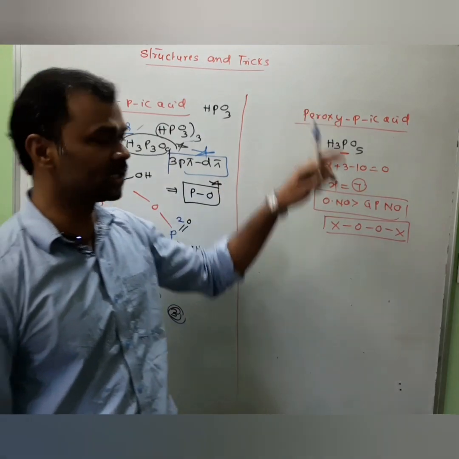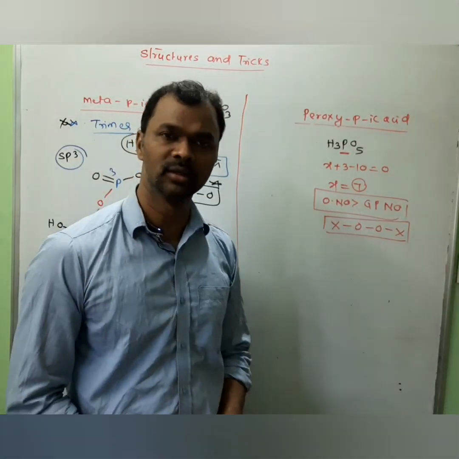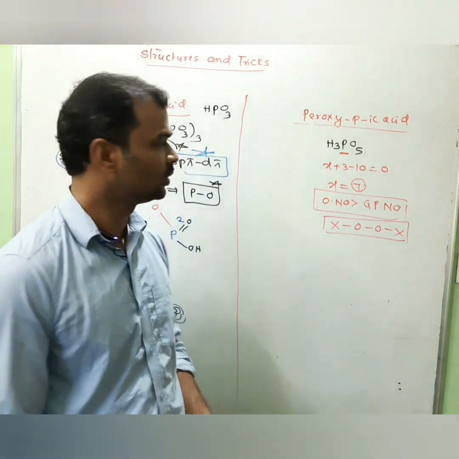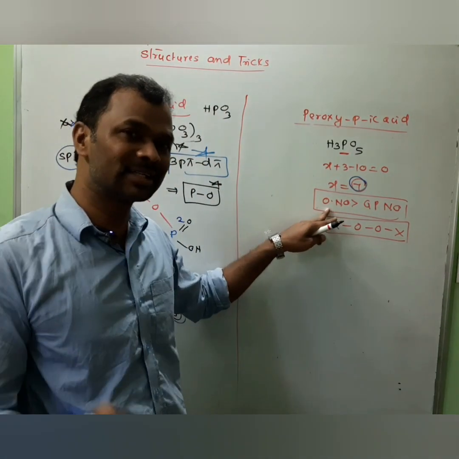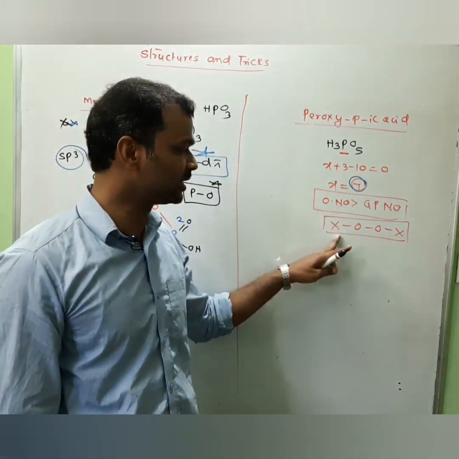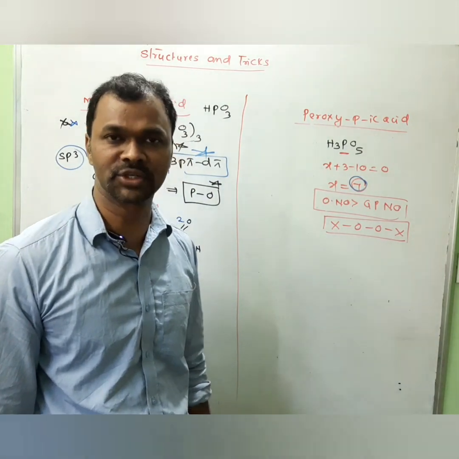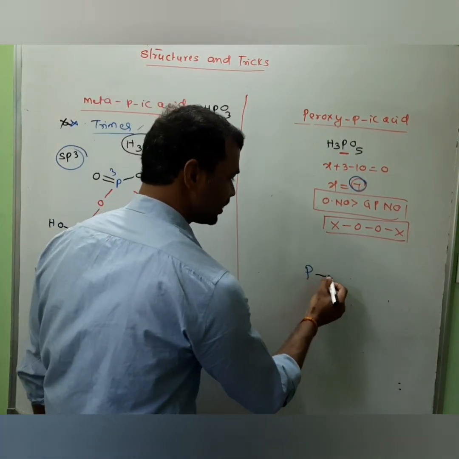The last one is peroxyphosphoric acid. In peroxyphosphoric acid, the formula is H3PO5. The oxidation state of phosphorus is 7, which is greater than the group number. The group number is 5, but 7 is greater than the group number, which indicates the presence of a peroxy linkage. So the central atom is phosphorus, and one peroxy linkage is there.